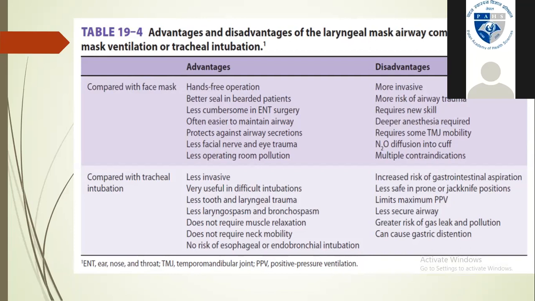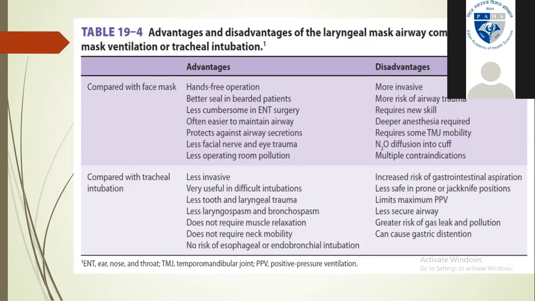Compared to tracheal intubation, the advantages of supraglottic airway devices are that they are less invasive, and can be used in very difficult tracheal intubations. There will be less tooth and laryngeal trauma, less laryngospasm and bronchospasm, and it does not require as much muscle relaxation as is required for endotracheal intubation.